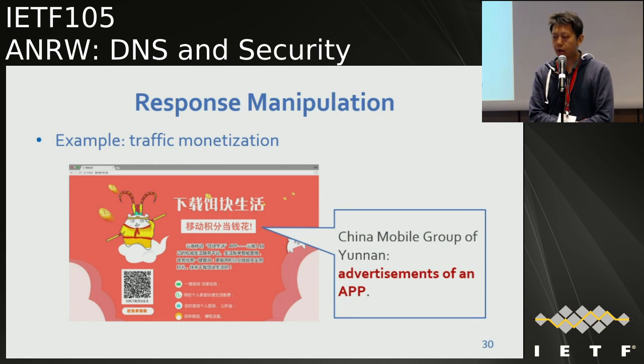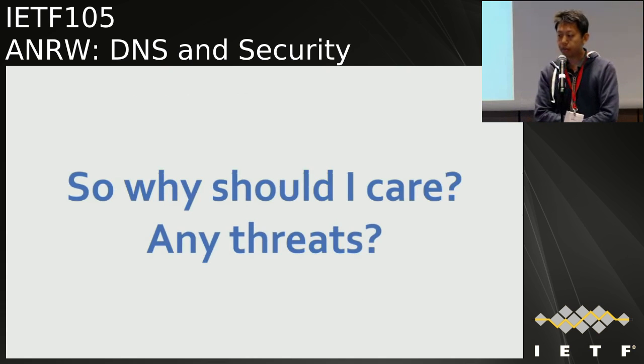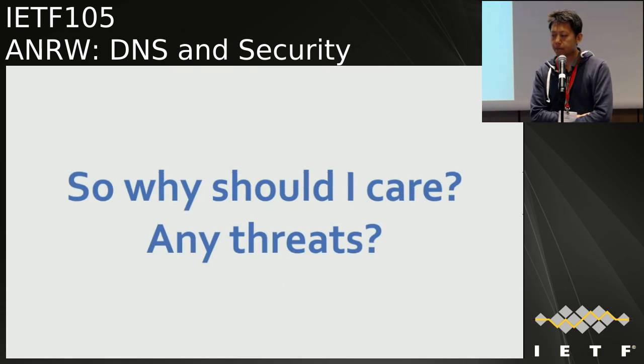If you are in China and you belong to the China Mobile Yunnan autonomous system, and you use Google's public DNS to request Yahoo's IP address, your response will be changed to an app advertisement's IP. This app advertisement also belongs to the same AS, so they somehow monetize their traffic from your DNS requests.